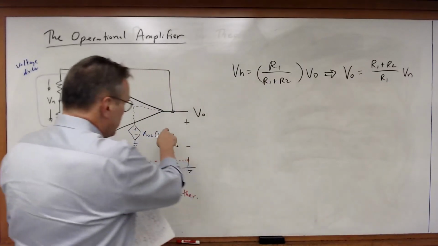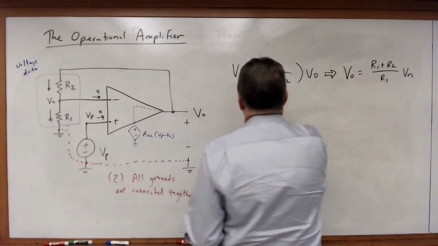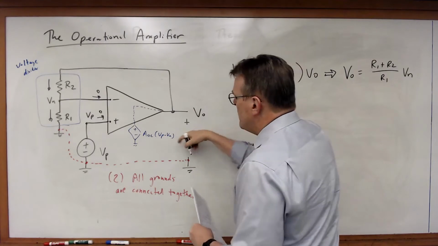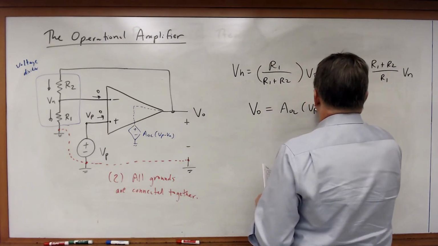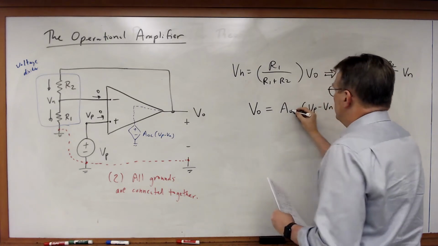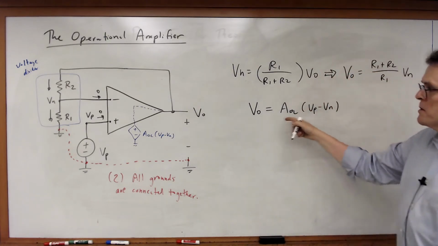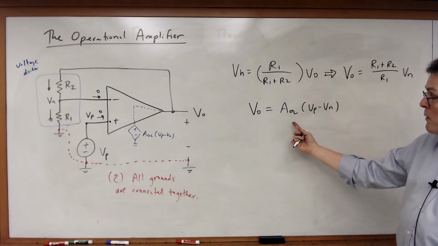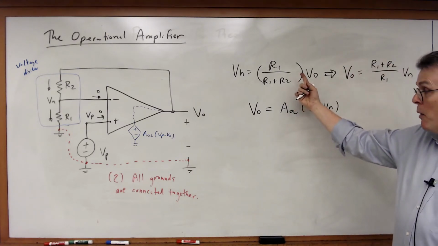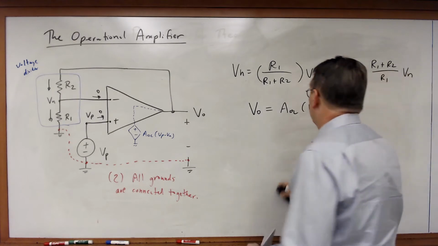In addition, from the op-amp, we also know that VO must be equal to AOL times (VP minus Vn), because this is just, as I said, a dependent voltage source, and we're going to later on assume A sub OL becomes very, very large.